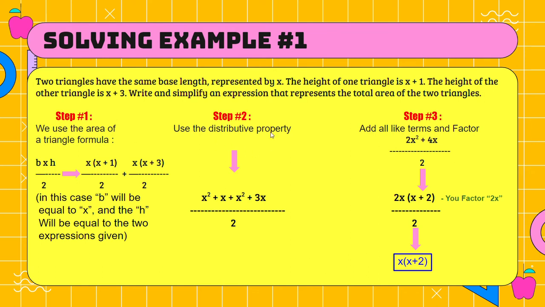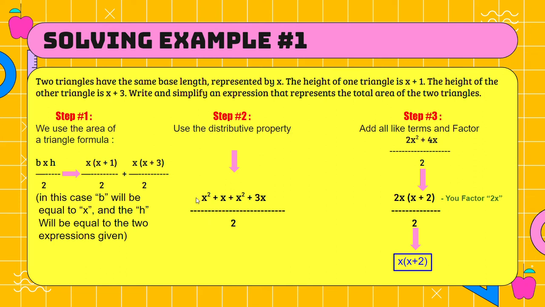So you use the distributive property next for step number 2, just like we did before. You multiply the number in front by the expression in the brackets. Here I just put it into one long fraction because I found it easier that way.